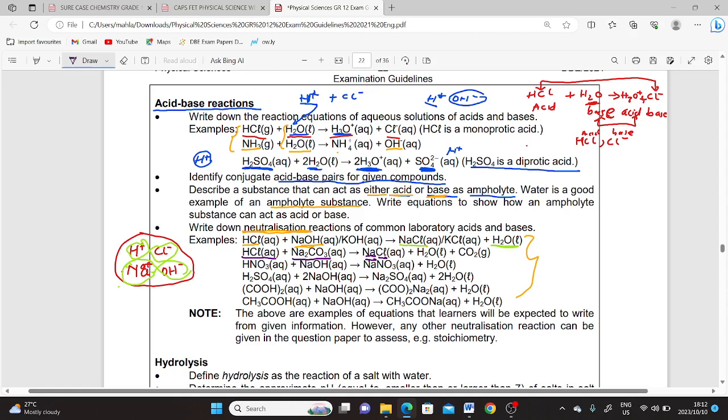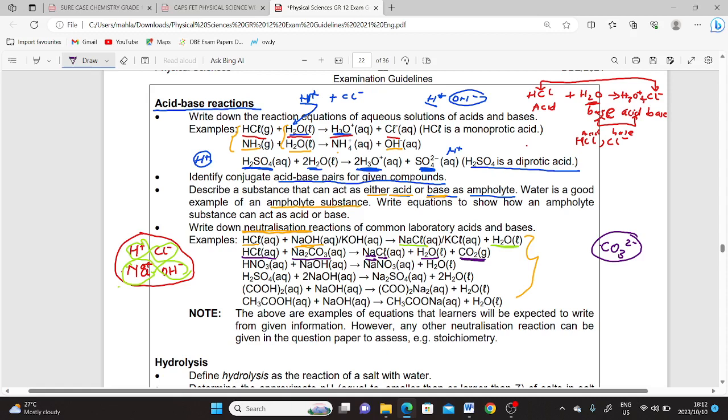H2O will also be there. And then what about this one? There will be a gas that is produced. From where? From the carbonate. Our carbonate is CO3 2 minus. Once you see this carbonate, it means there must be a production of carbon dioxide as part of the product.